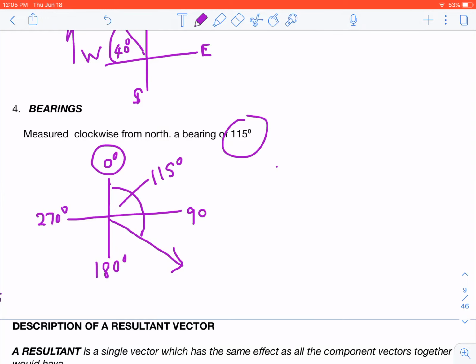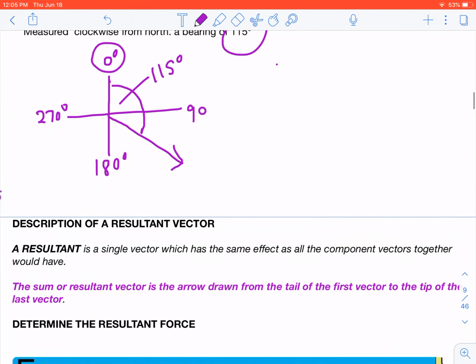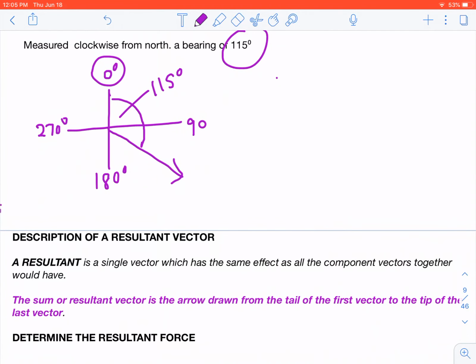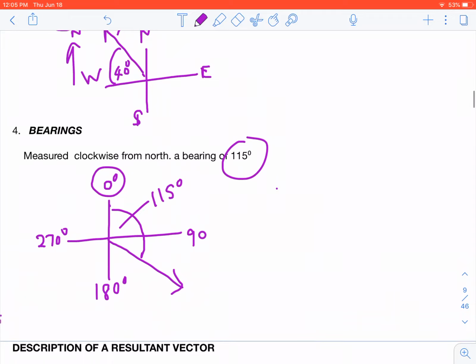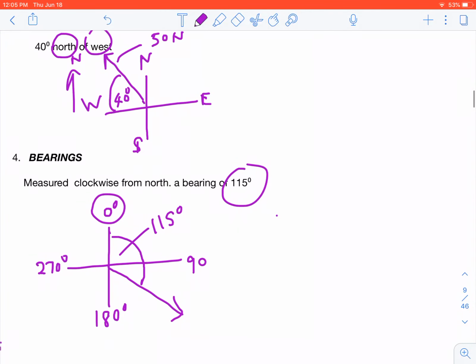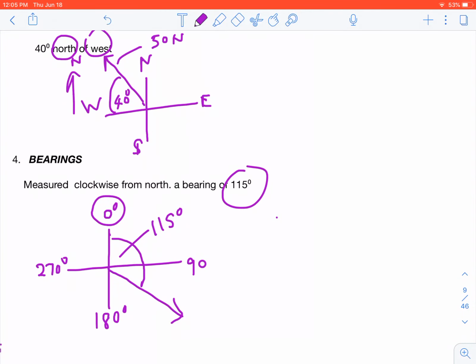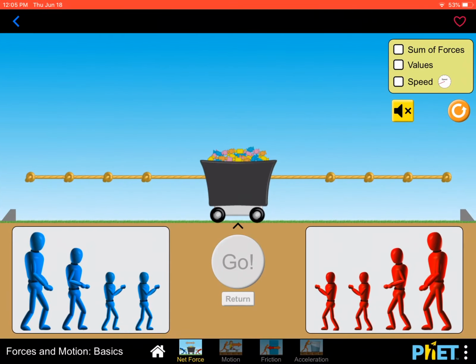Right, now we look at a description of a resultant vector. Before we go to the description of a resultant vector, let's look at what we mean by that.